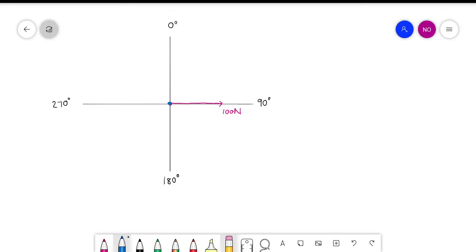Hierso trek Christopher, hy is nie so sterk soos hy nie. Hy trek met 'n krag van net 50 Newton. Okay? If I leave it like that, in which direction will the object move? Katrien gaan wen, né? Okay.